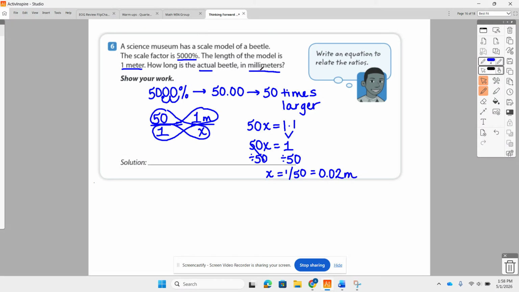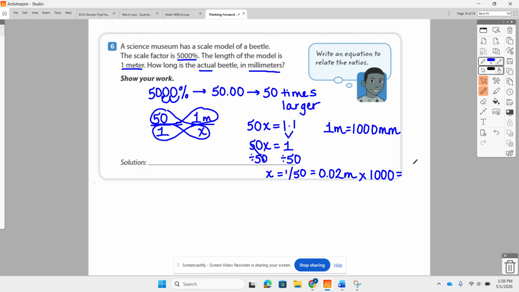If it's looking for millimeters, though, remember that 1 meter is equal to 1,000 millimeters. So all I need to do to get my final solution is, think if you know. Okay, if you were thinking to multiply by 1,000 to change it to millimeters, you are on the right track.